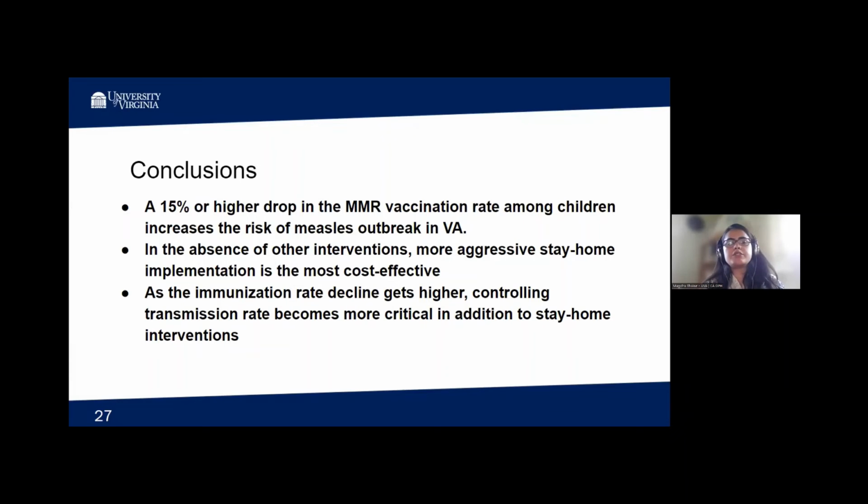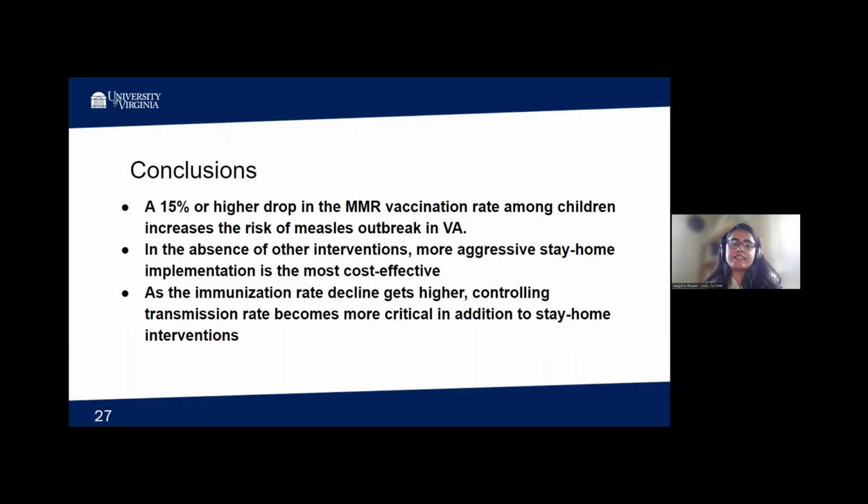So to conclude, first, a 15% or higher drop in MMR vaccination rate is really prone to a large measles outbreak upon importation. In absence of other interventions, so let's say there's no changes in tau or transmission rate, then more aggressive stay-home implementation is the most cost-effective.